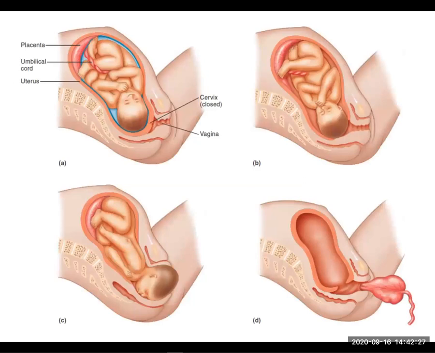So this is the picture showing you that the infant at 9 months stretches the uterus, which can cause the muscle contraction, and when the baby is delivered, the placenta is also detached and separated from the uterus, and so it will be removed too.